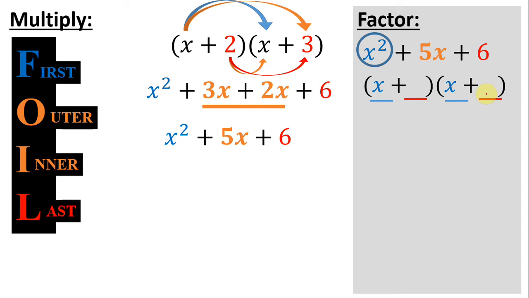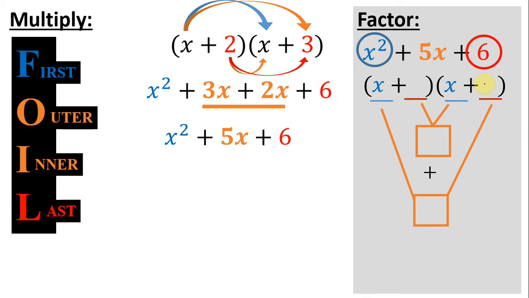Here I'm going to have two terms that are going to need to multiply and make 6, but they're going to need to add to, when this term is multiplied with this term over here, and this term is multiplied with this term right here, they're going to need to add to 5x, which is our middle term right there.